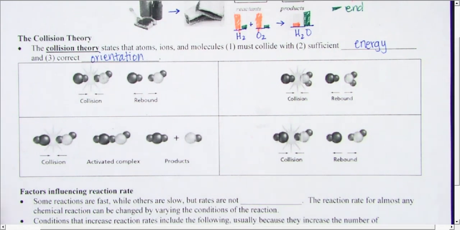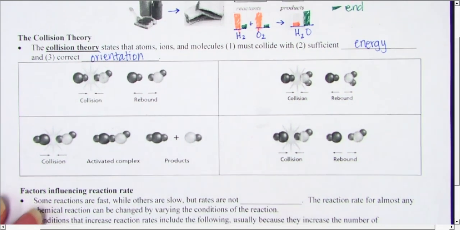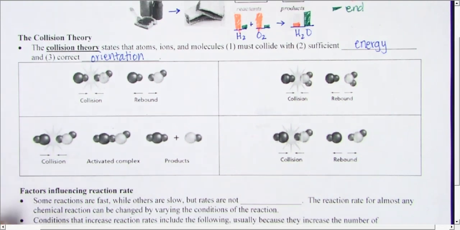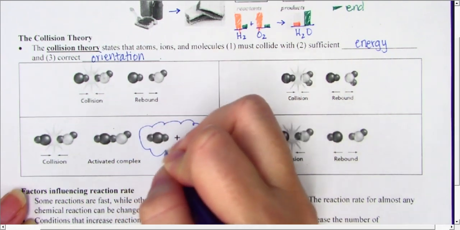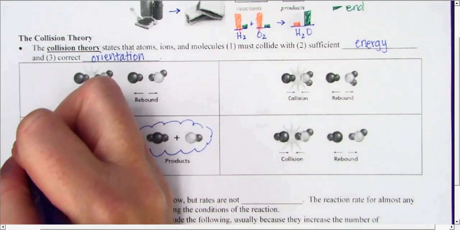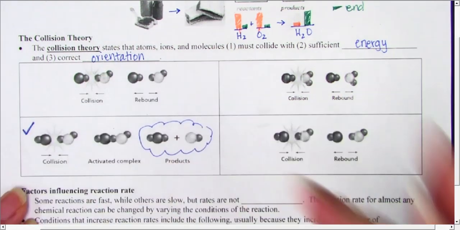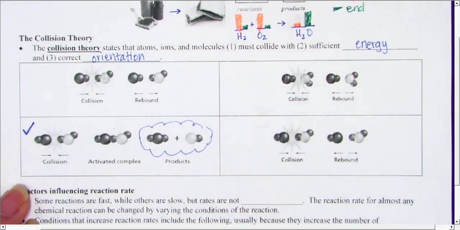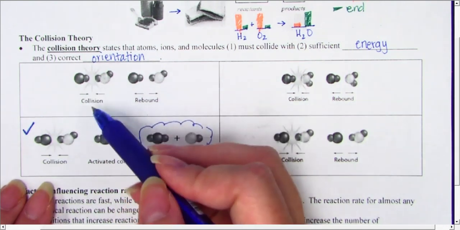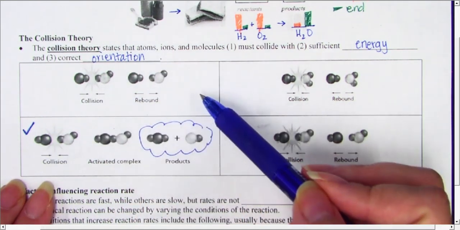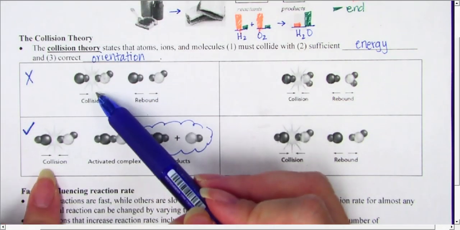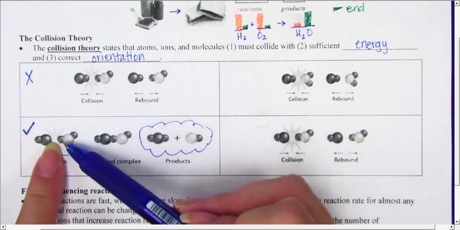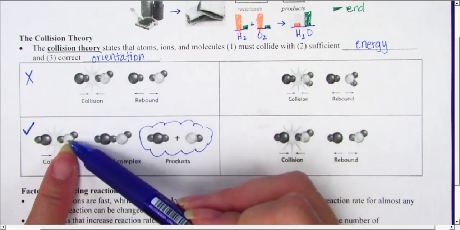If we look at this example of these pictures, we only have one that successfully creates products, one successful reaction. Right here we have products that are being made. So this is a successful collision. All the other ones did not create products, so something was wrong with them. Looking at this first one, no products are made. They did collide, but this one's oriented correctly, and this one is not.